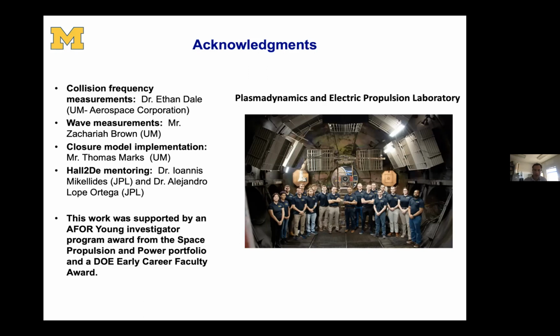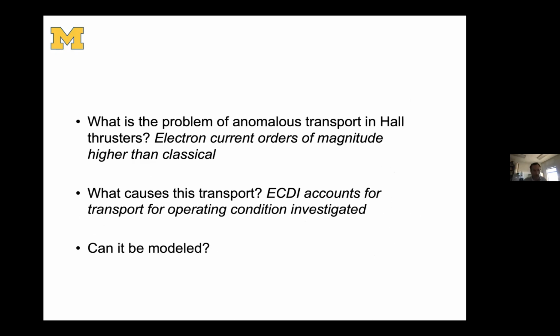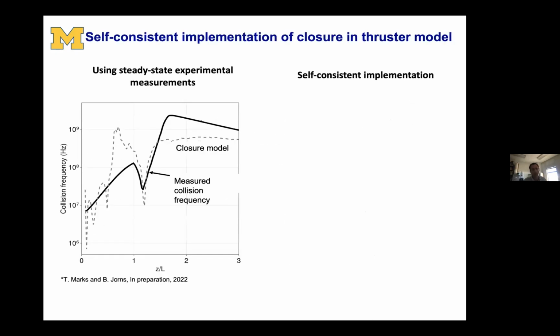So you showed some graphs, for example, of effective collisionality versus Z. If you knew that curve, could you predict performance, or is this just an indication of how well your closure model can get the anomalous transport, but you still need to do a 3D simulation, for example, with that?